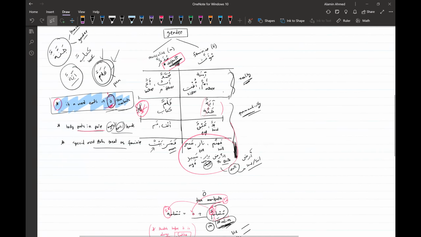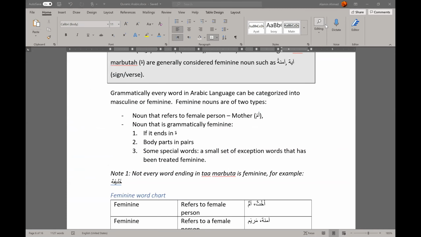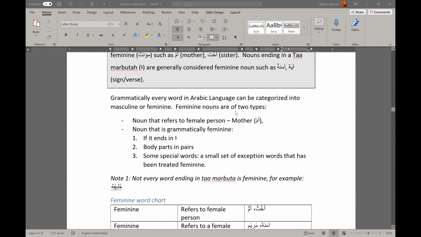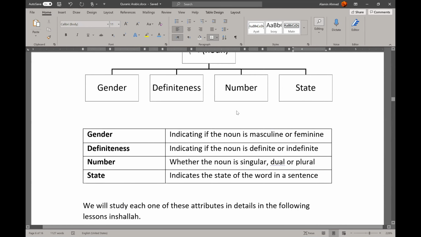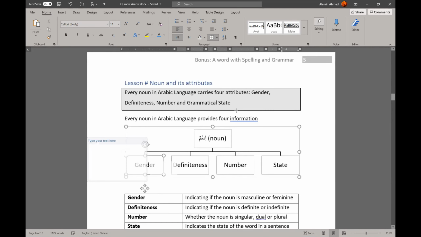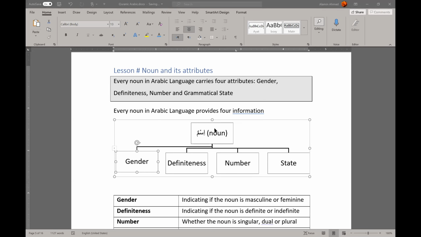Okay, let me see if I can read something from here. I didn't get to do the PDF today, so I'm just showing you my Microsoft Word document. The main concept I want to get across today is that a noun gives us some information.